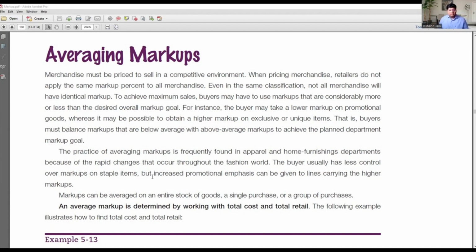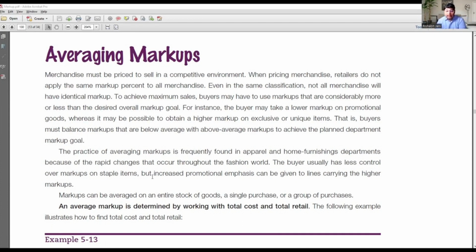You can't have a shoe and an accessory and socks and a shirt and a pant at the same markup percentage. They're all clothing, but they're all different at the same time. So the same way, even if they're under the same classification, they might not have the same markup.